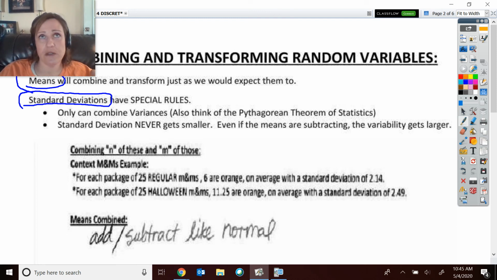Always. If you are adding standard deviations together, you can't just add them. You have to go through that Pythagorean theorem of statistics: one of them squared plus the other one squared, and then take the square root. You're adding the variances of them. Remember, variance is the standard deviation squared.